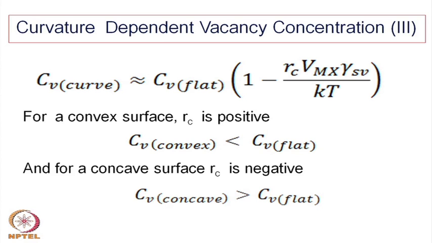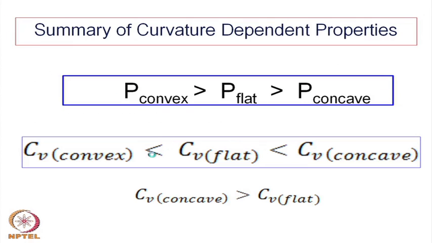Ultimately, our conclusion is that the vacancy concentration below the convex surface is less than that of the flat surface, and the concentration below a concave surface is more than that of the flat surface, and that is very significant and important for our purpose.